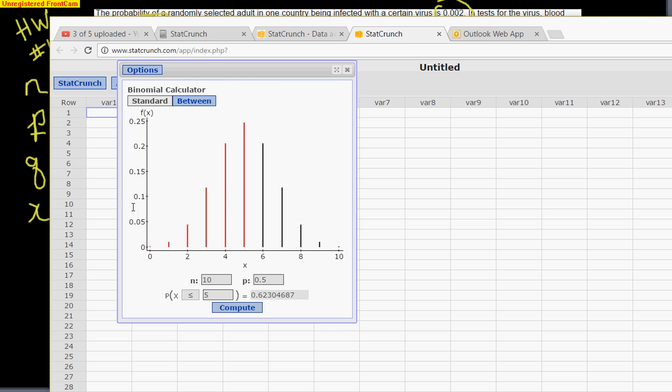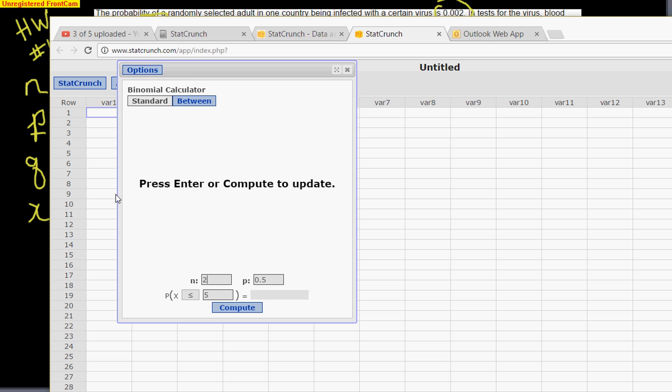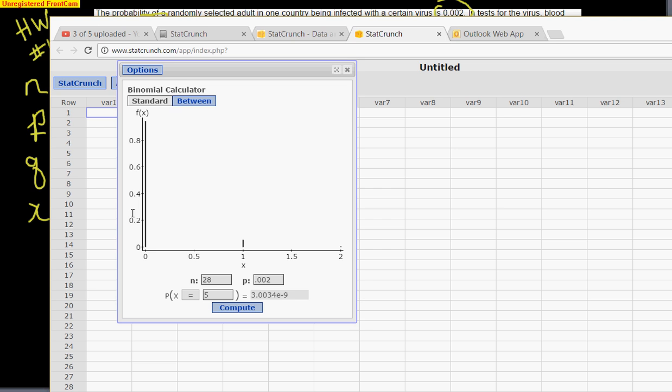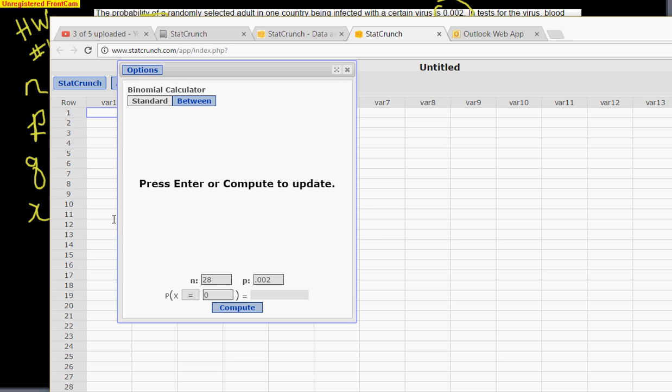In this case, we fill in the values, and for this problem n was 28, and the value of the probability of success, which in this case was getting the virus, testing positive for the virus, that was 0.002, and we wanted to find the probability that x equals exactly 0.